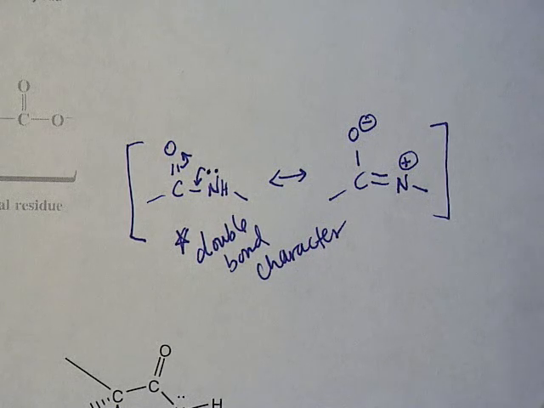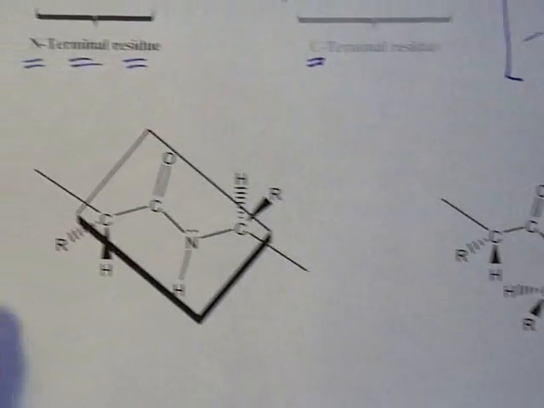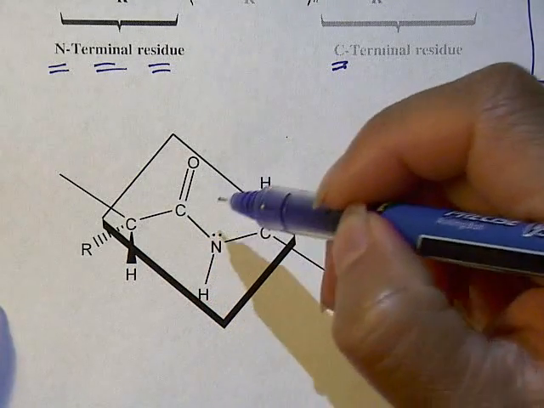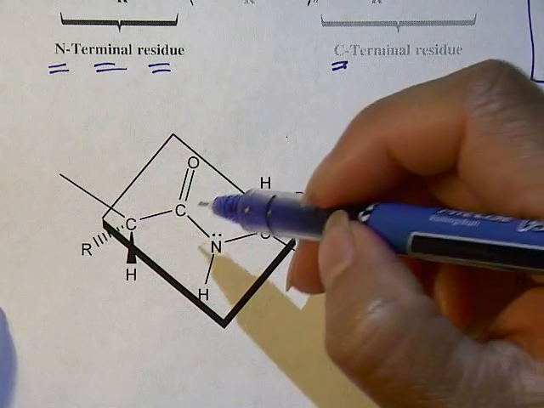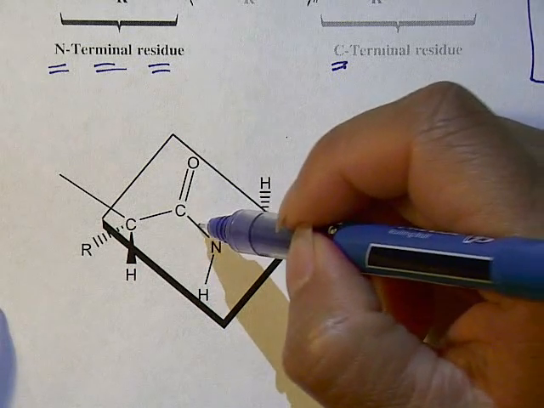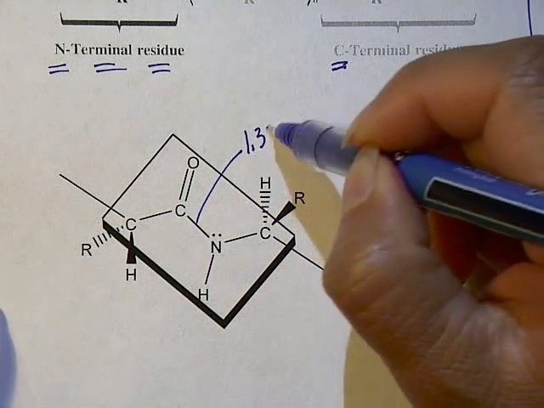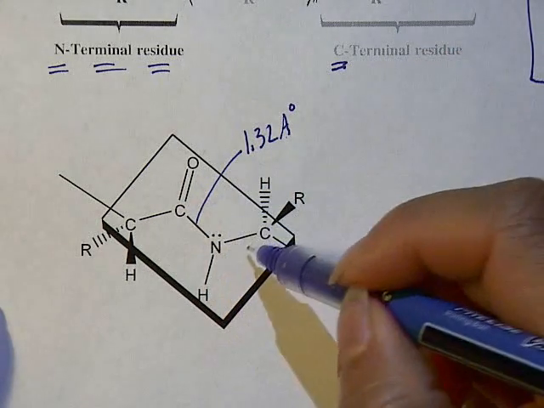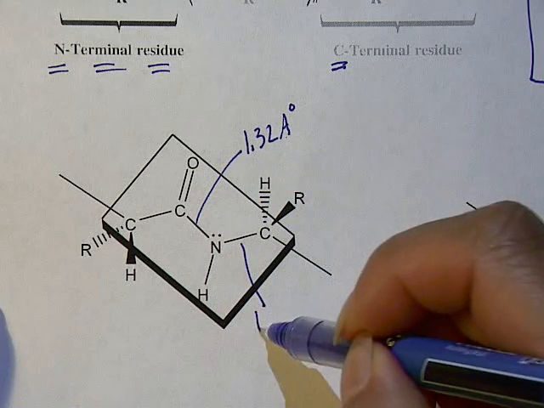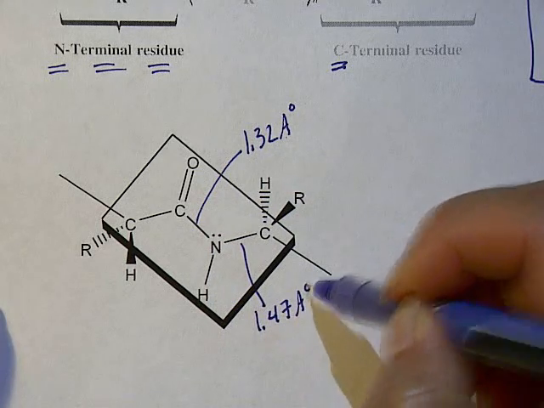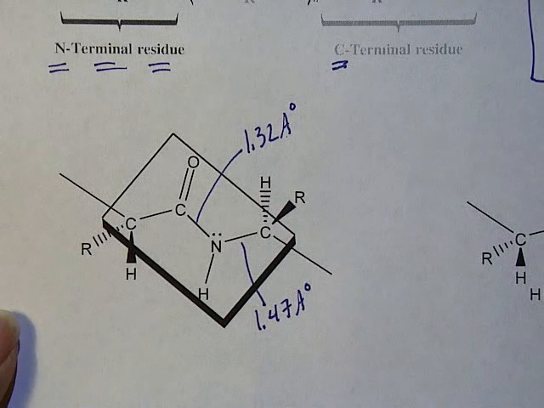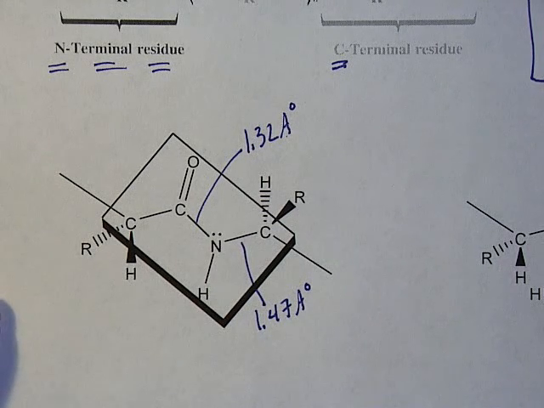So if you look at the typical peptide bond, and here's one of them, what you'll notice is that the bond length, this C-N bond length, is 1.32 angstroms, but on the other side where there's no resonance, this bond length is 1.47 angstroms. So that bond length already is telling us that there is a double bond character in that bond.